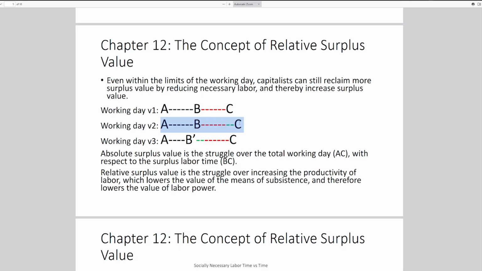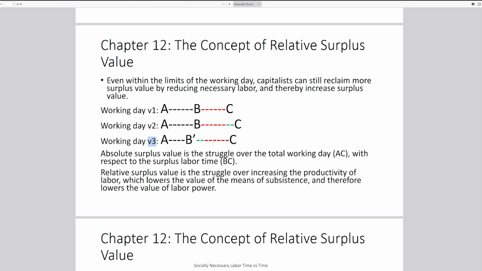It's pretty obvious, and your workers are going to be rightfully angry, especially if they're getting paid the same, right? If their wages aren't increasing, but they just work longer, you don't need to be a mathematician to understand you're getting ripped off. Everyone understands this. It might achieve the goal of increasing your surplus value, but at the expense of angering your workers to no end.